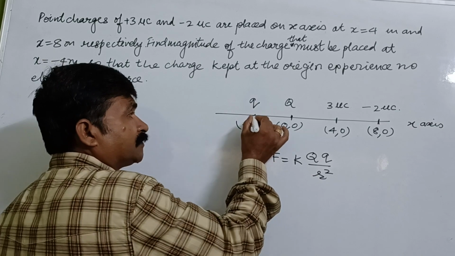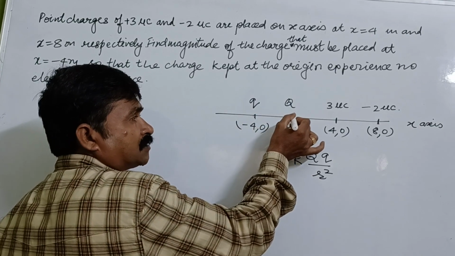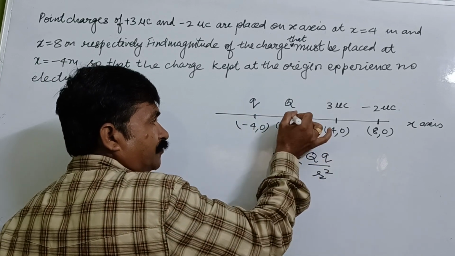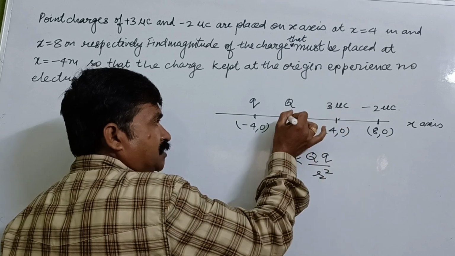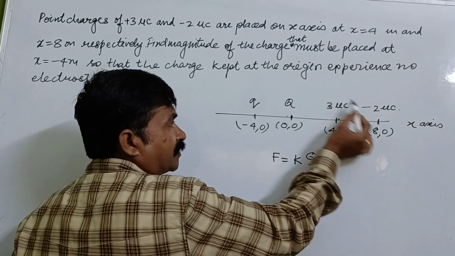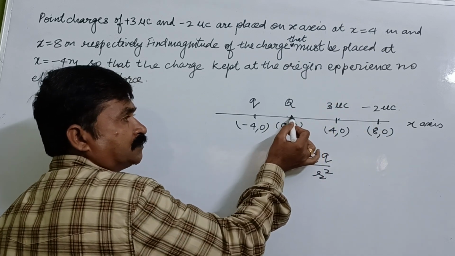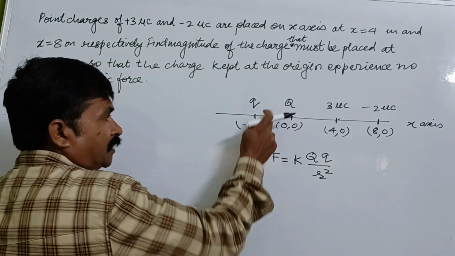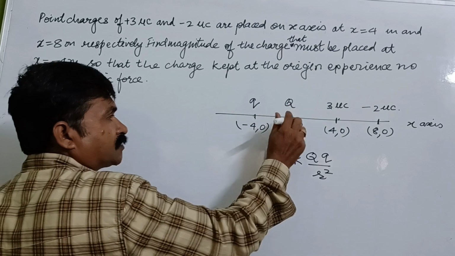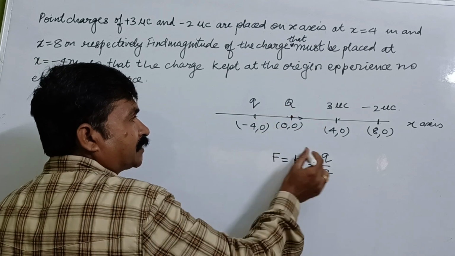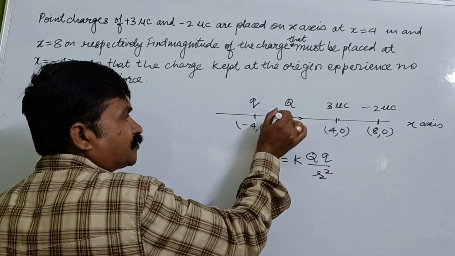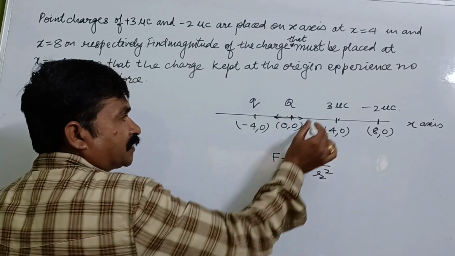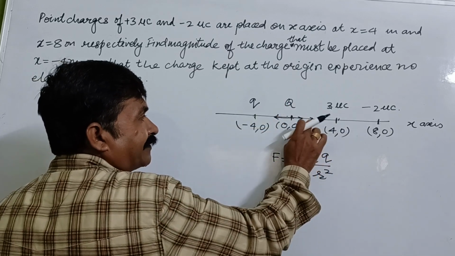Now here there will be force on this charge Q because of this charge, and this charge will also give a force. See here, this is a repulsive force which will be acting in this direction. This is also a repulsive force which will be acting in this direction, and this is a force which is attracting.